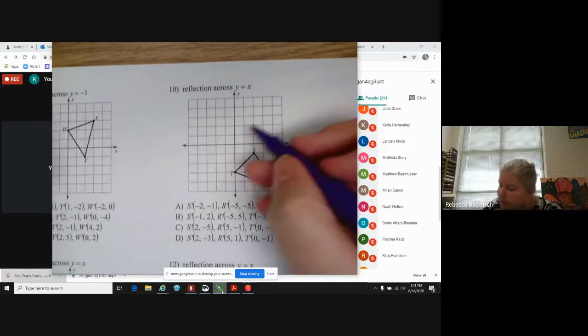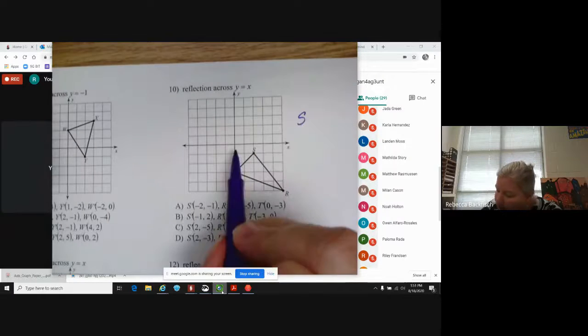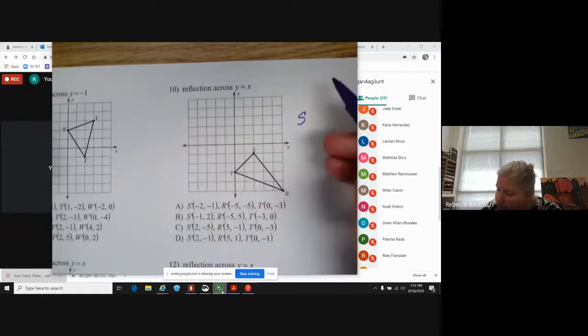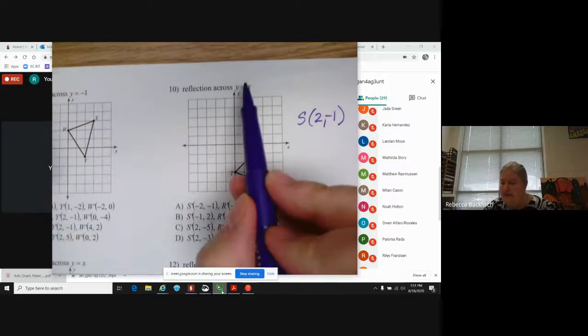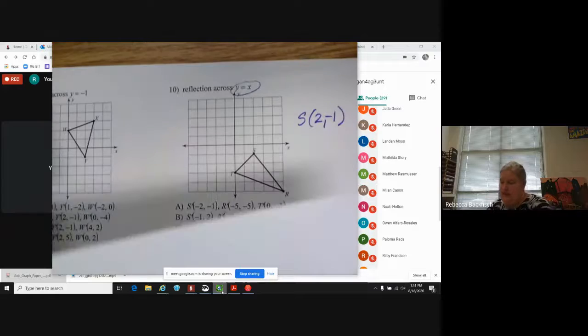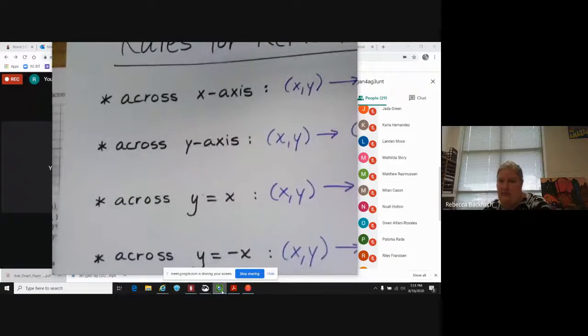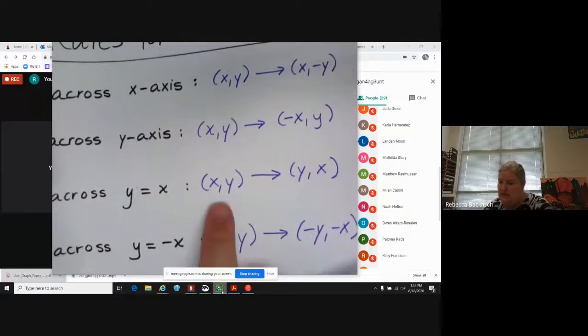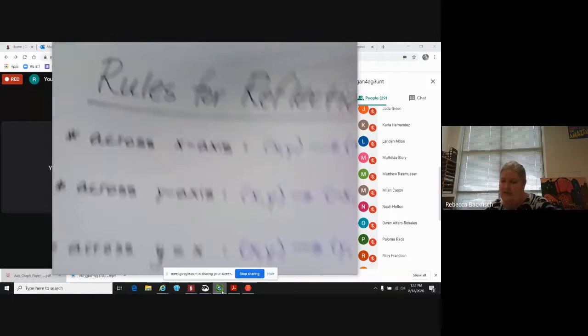Okay, so for instance, I might take the point S, and S is currently at 2, -1. And then I take my rule for reflecting across y equals x. And that rule is that my point trades spots. The x and the y just trade spots.